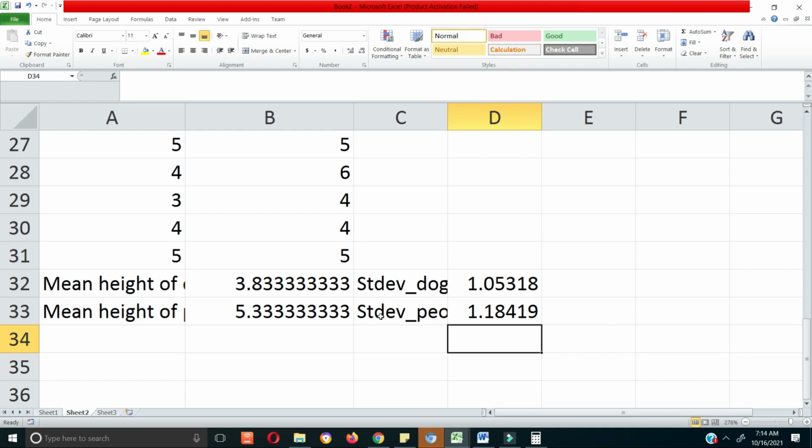So you can see that the standard deviation for people is actually higher, right? But that is purely because you have higher values for people. So if you want to compare the variability, then you can normalize by the mean.